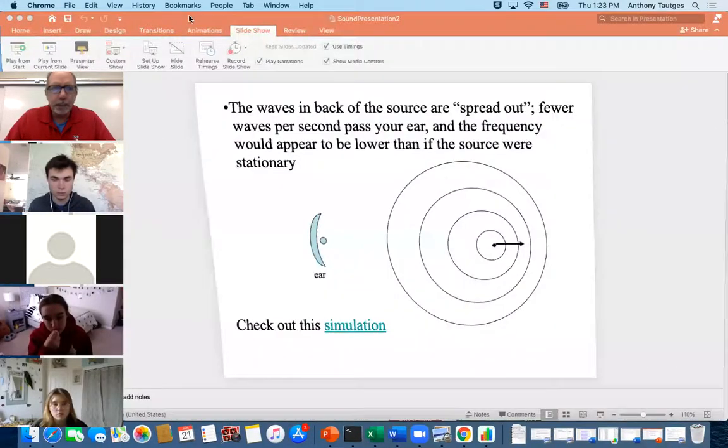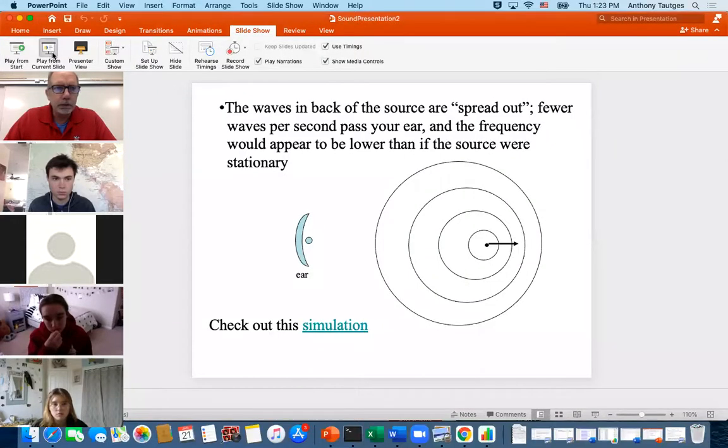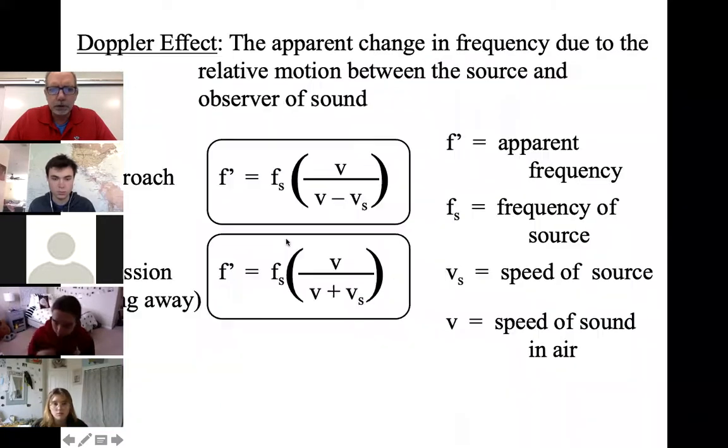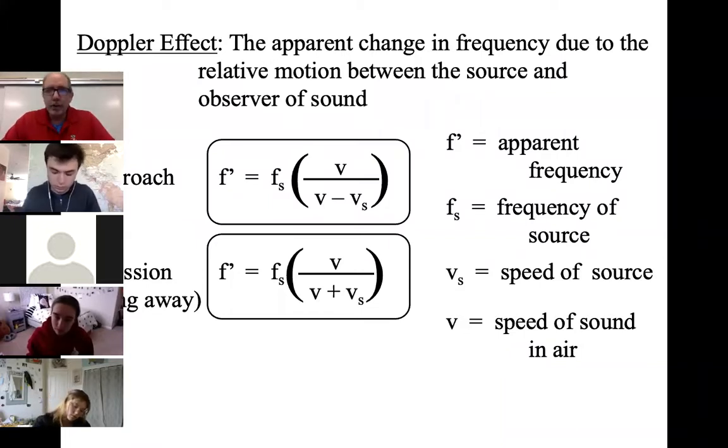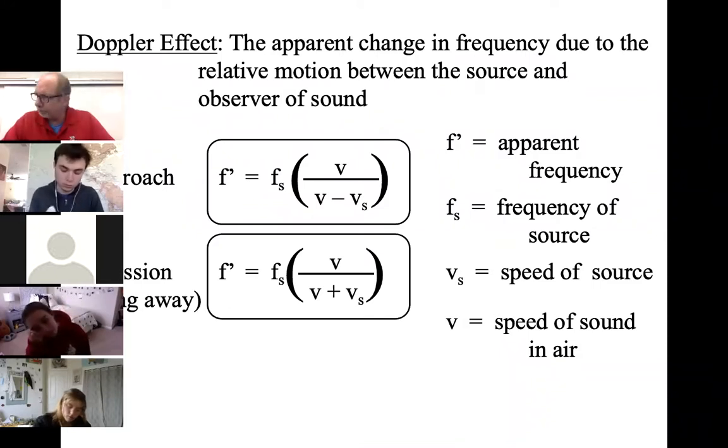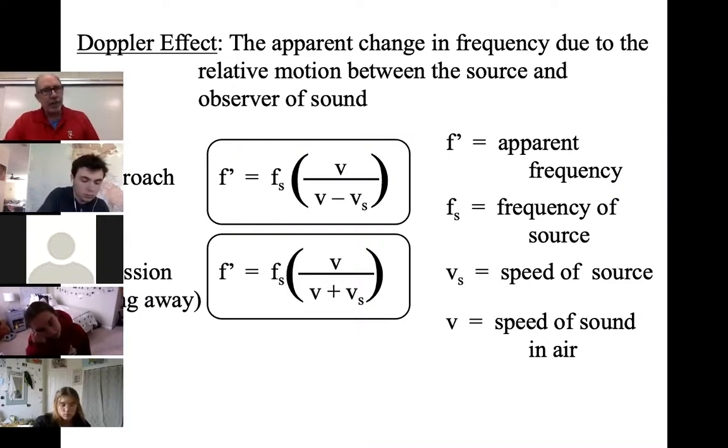All right, so now getting back to this. The Doppler effect is the apparent change in frequency due to the relative motion between the source and observer of sound. It doesn't always have to be sound, but I'm going to relate it to sound like this, okay?